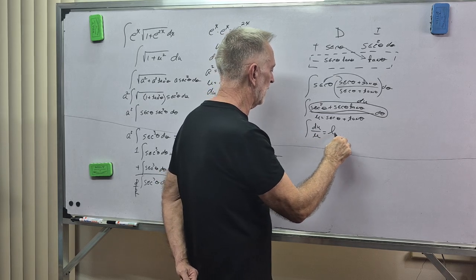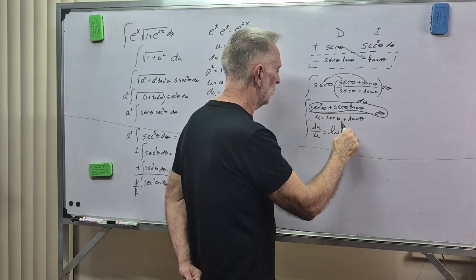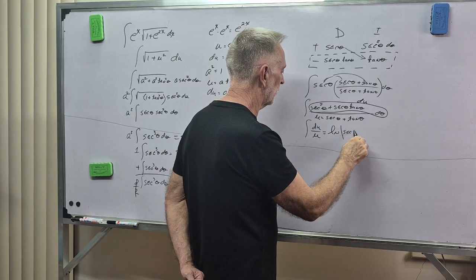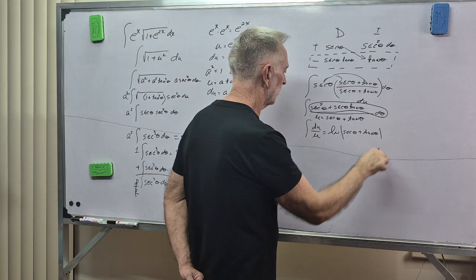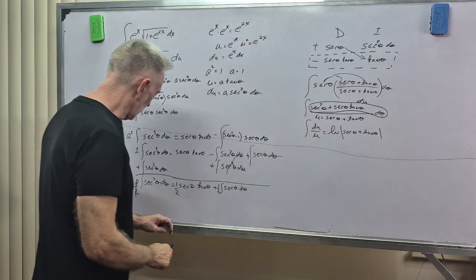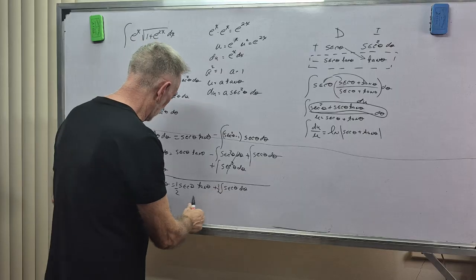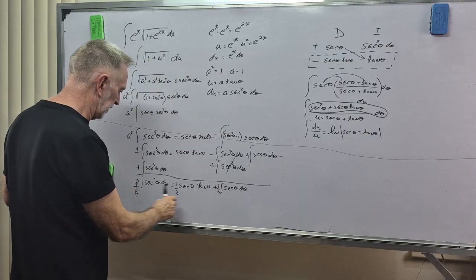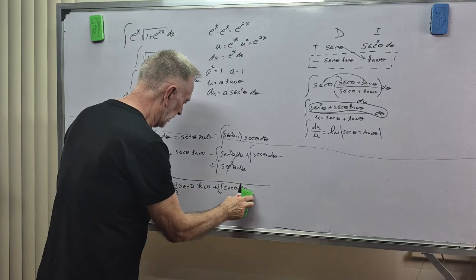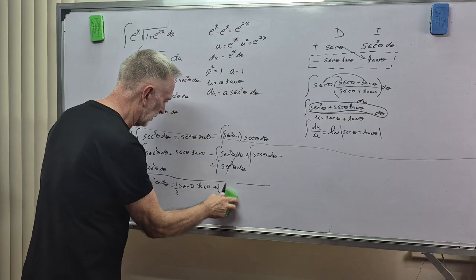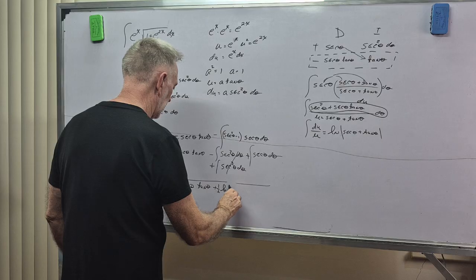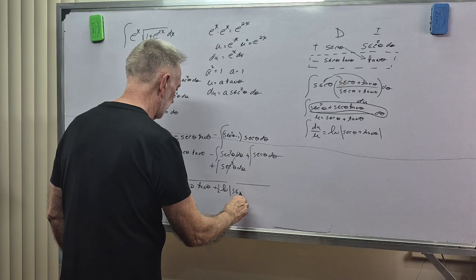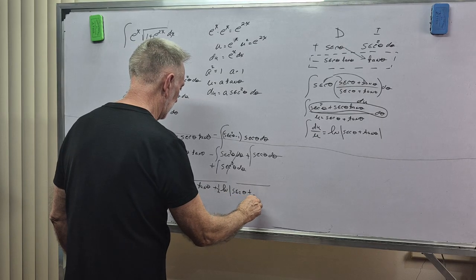And that equals the natural log of u, which is secant theta plus tangent theta. Okay, so we can replace that integral with the natural log of secant theta plus tangent theta.